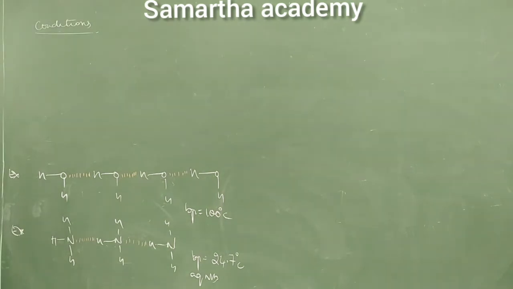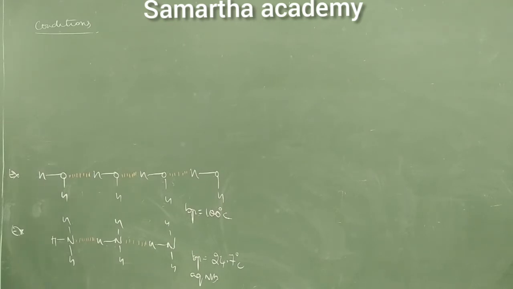Hydrogen bond is present between the hydrogen atom of one molecule and another atom. What about the other atom? It must be more electronegative and of small atomic size. That means the atom which can form a hydrogen bond must have small size and more electronegativity.